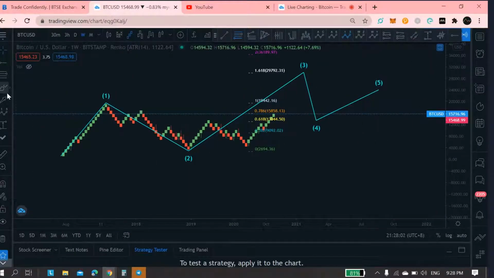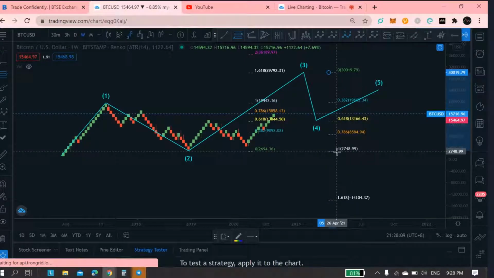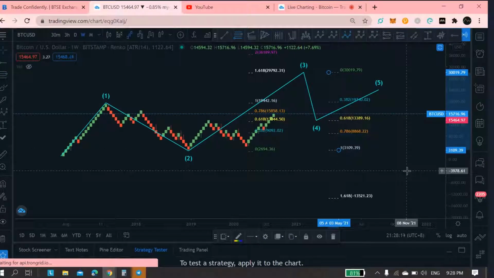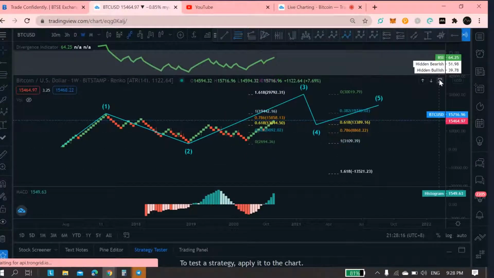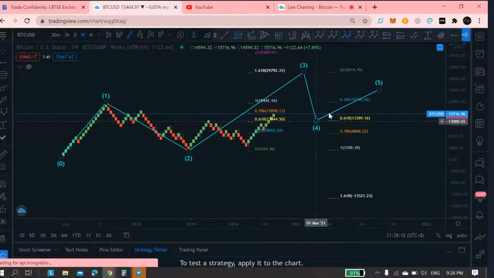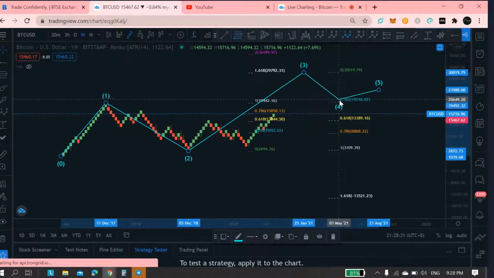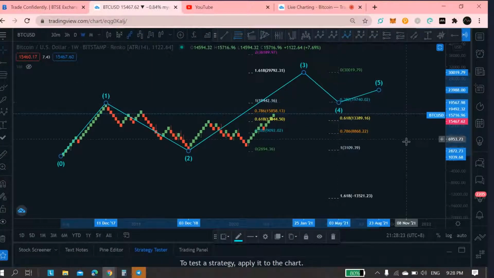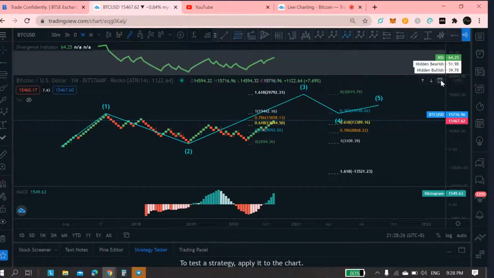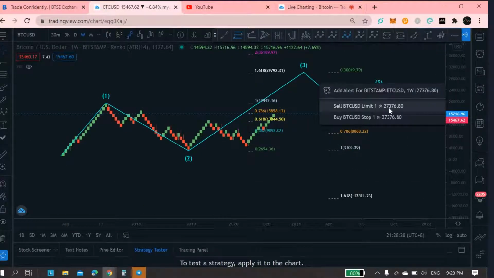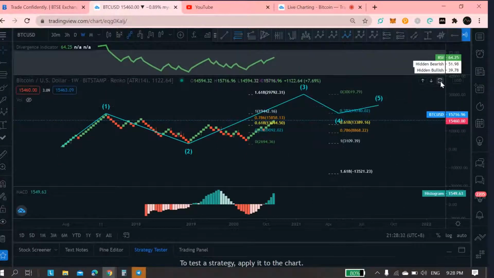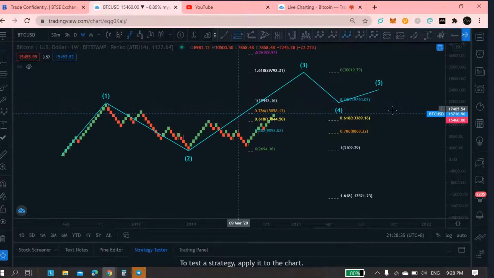And then wave 4 is normally 0.382. We will use the 0.382 as a retracement area, around the possible previous high once it reaches this new all-time high. So that's close to the 20,000 area.